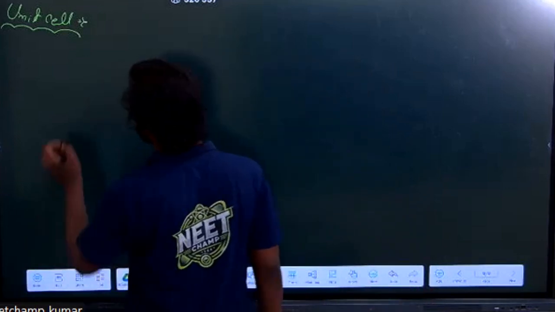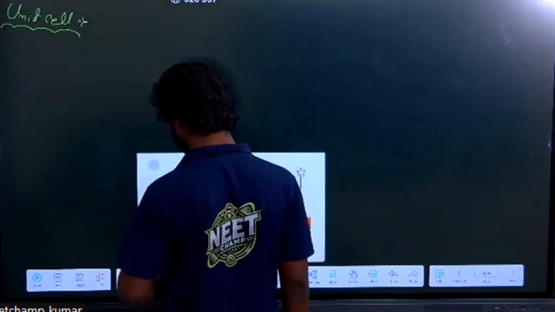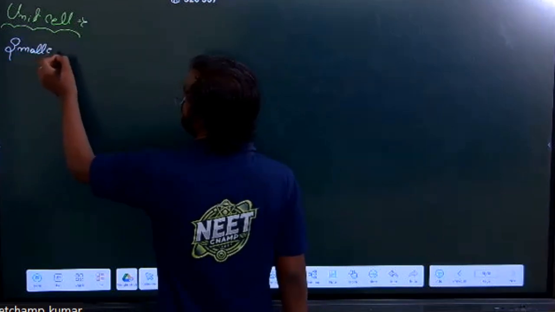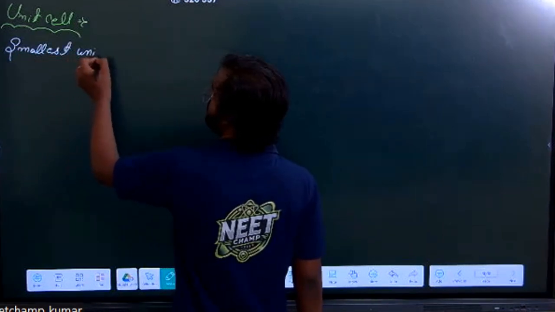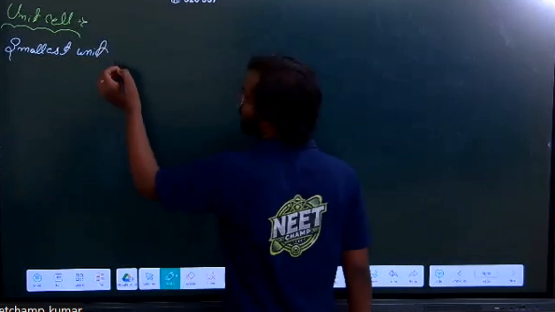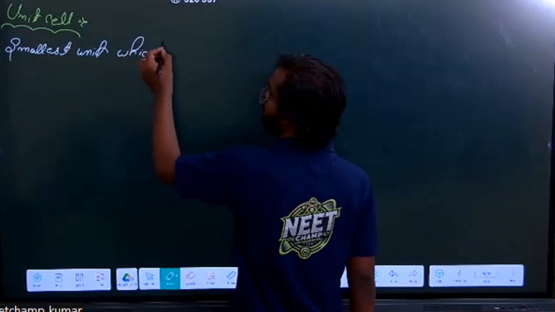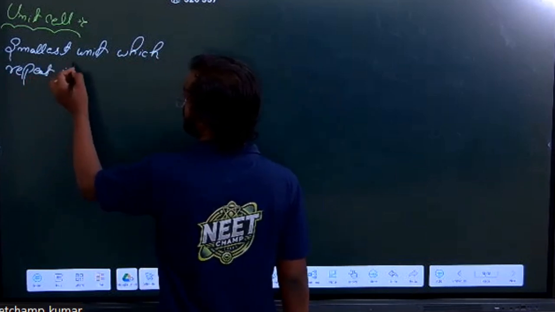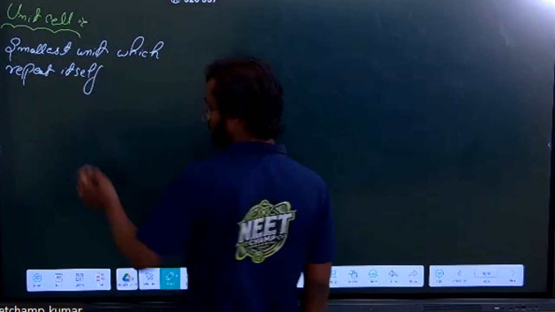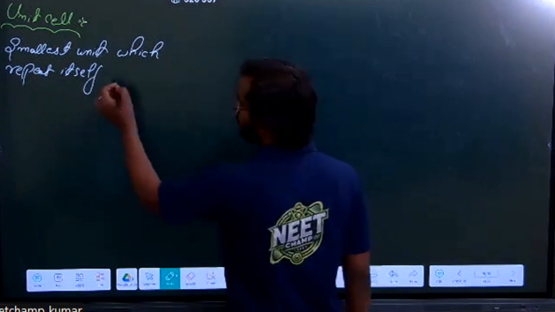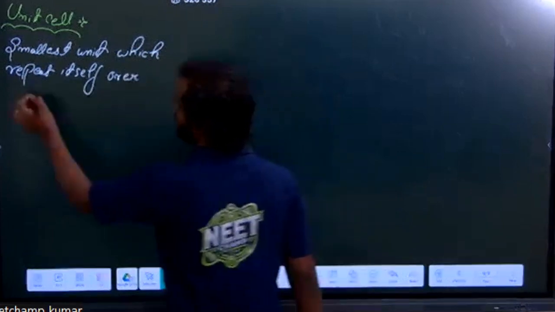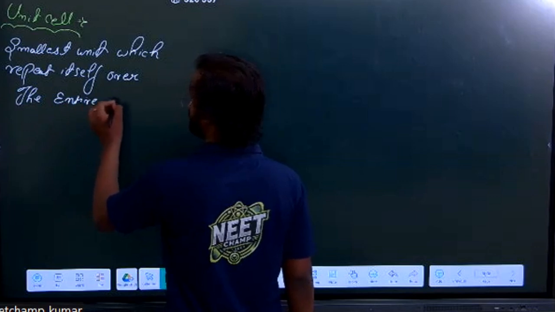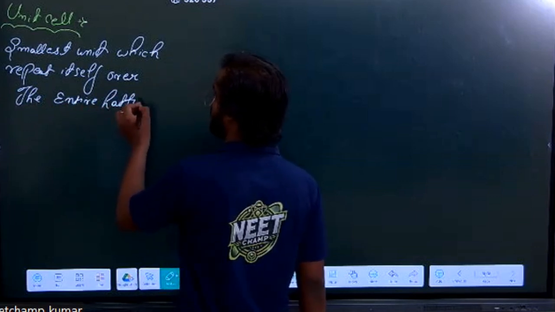So what is a unit cell? The smallest unit which repeats itself over the entire lattice.